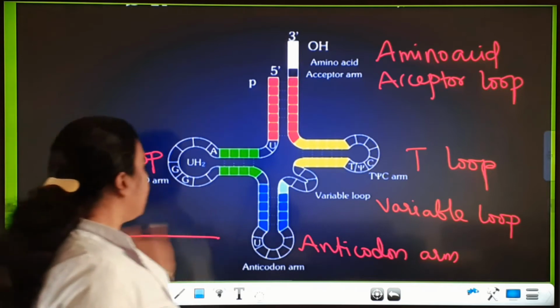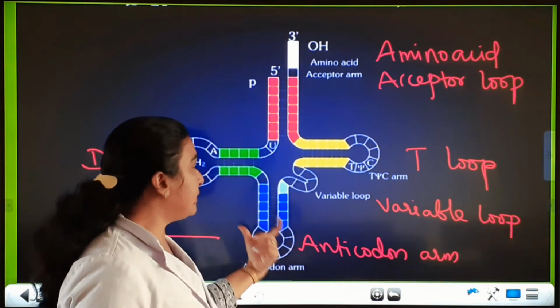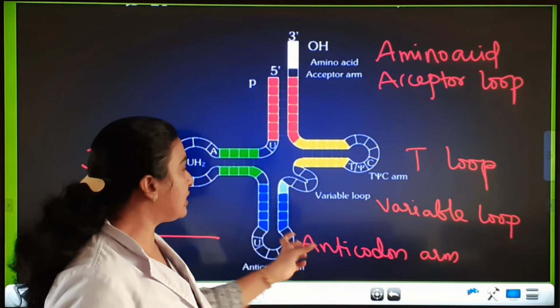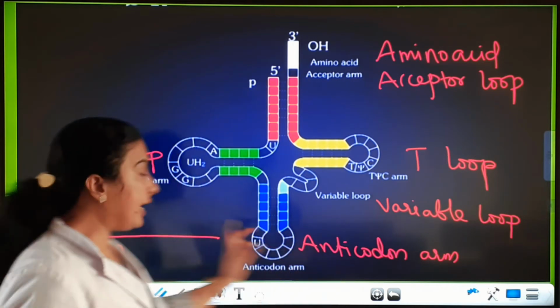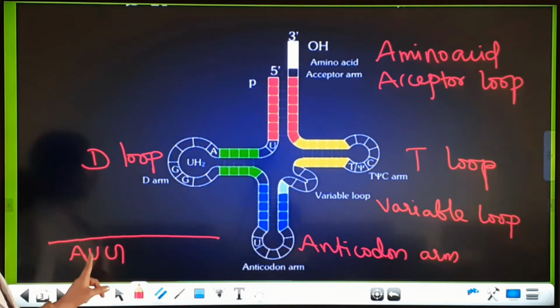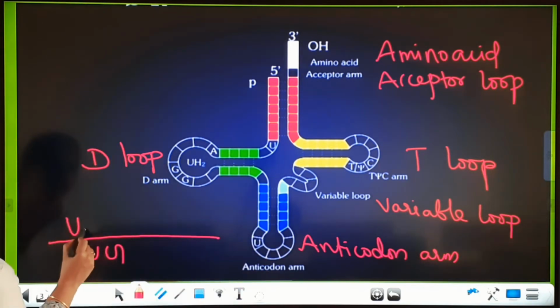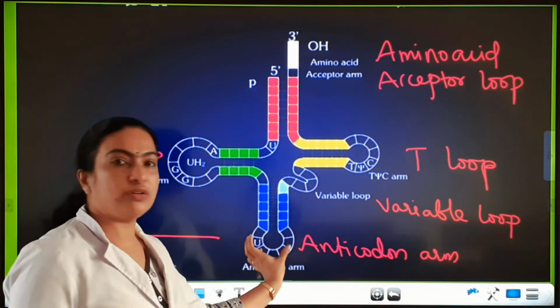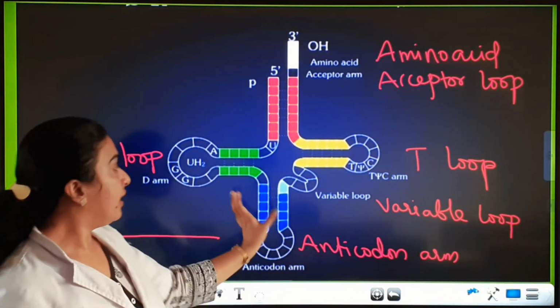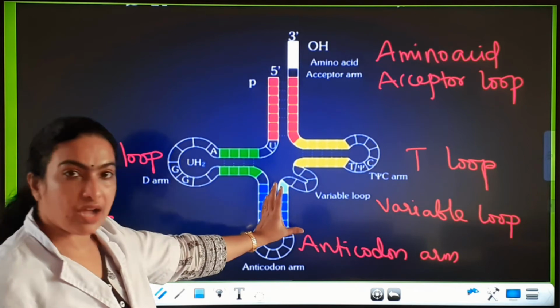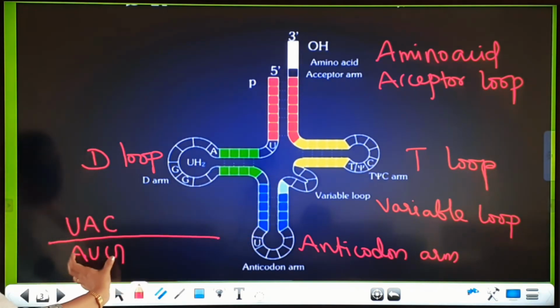So for binding this mRNA, this particular tRNA consists of an anticodon that is complementary to this AUG. So here this anticodon is UAC. So the tRNA with anticodon UAC can bind with the AUG of mRNA.